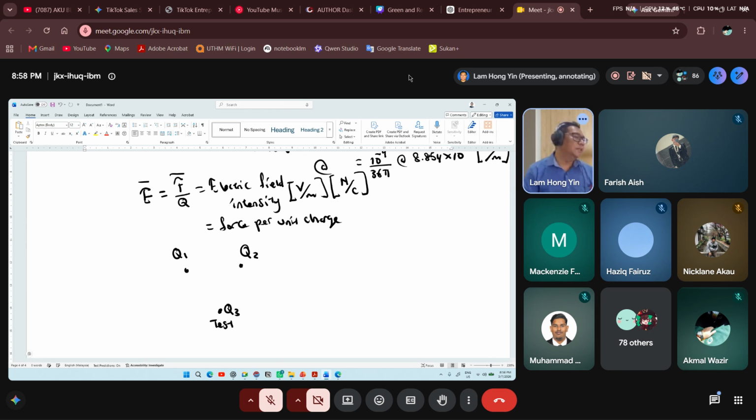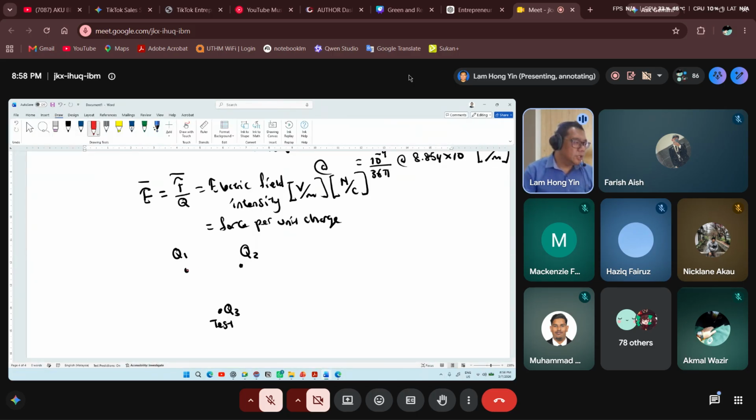If I want to know how much force is created by Q1 and Q2, Q1 will create a force on Q3, and Q2 will also create a force on Q3. So you can easily calculate the force between Q2 and Q3, Q2 Q3 divided by 4 pi epsilon naught R square, a_R23, plus Q1 Q3 divided by 4 pi epsilon naught R square, a_R31.